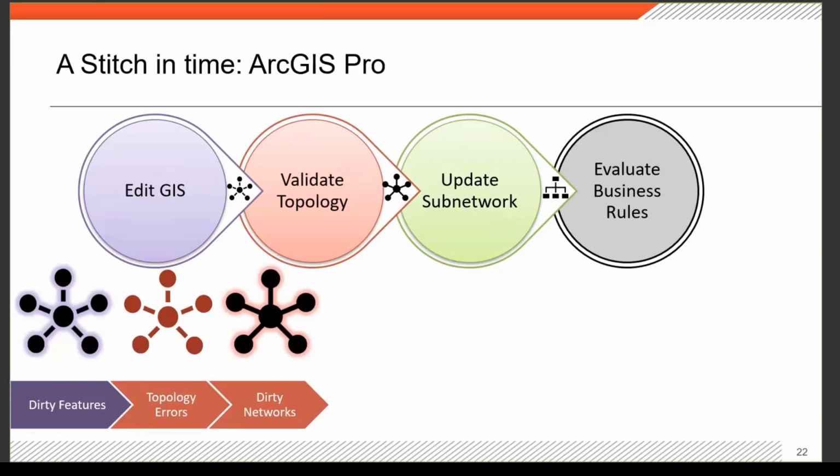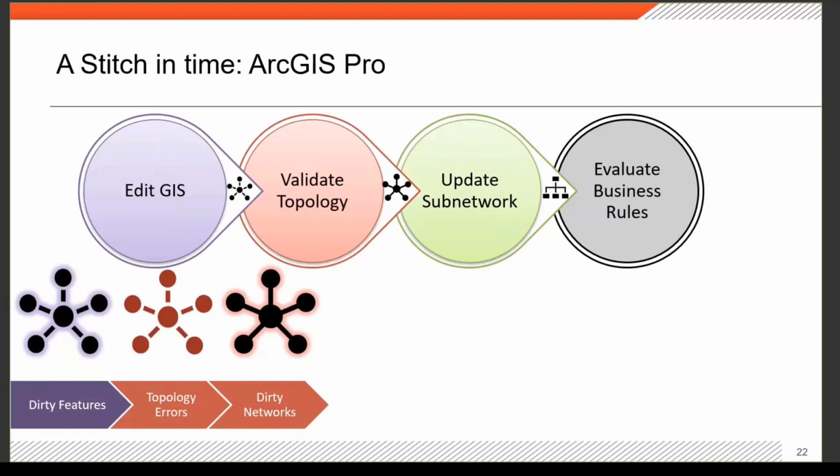Now, this is where the second level of validation comes in. Once I've connected features into my network, the next thing it's going to do is make sure that those features on that network are properly participating within it. So this will mark any networks that have been modified by my edits as being dirty. Then Esri provides a tool that will go through and check that circuit for things like de-energized features, phasing issues, loops, or even multi-fed circuits.